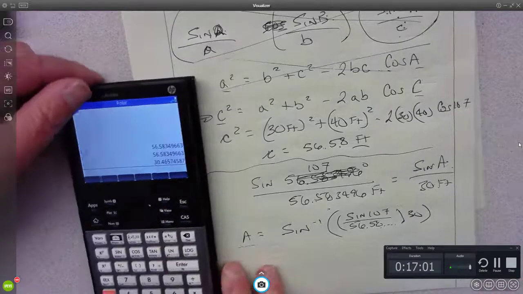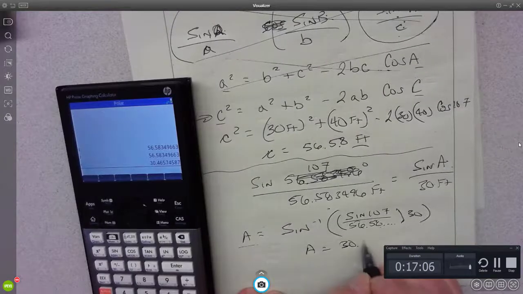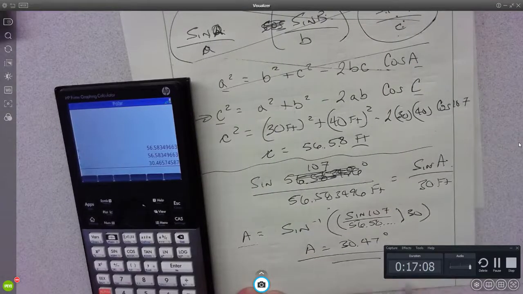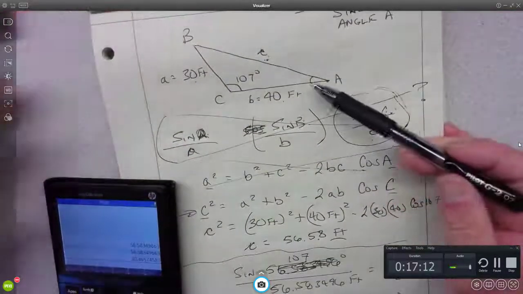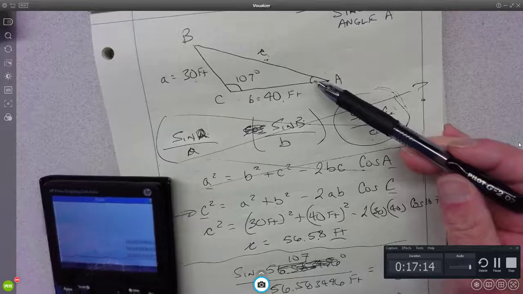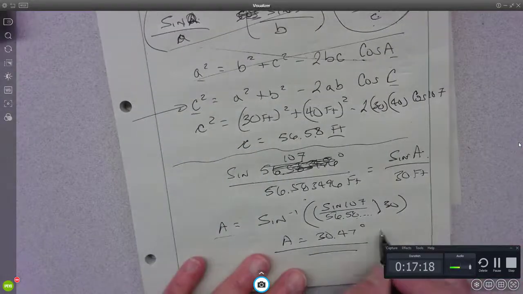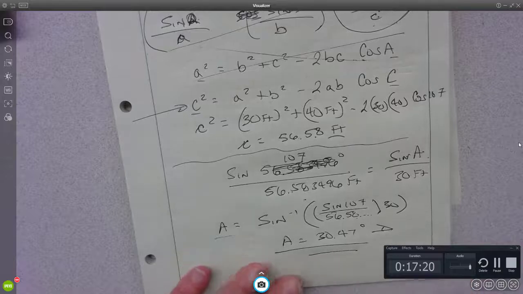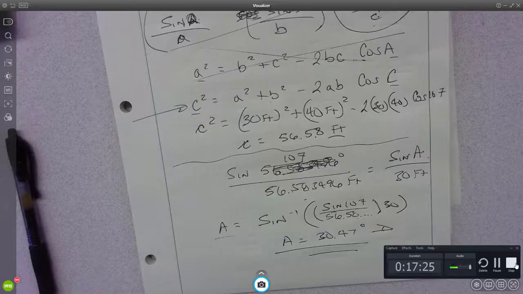Looks like it should be 30.47. Does that make sense up here? It does, that's a small angle. Graphically, it makes sense. Looks pretty good. The angle's here. Good luck on your homework.